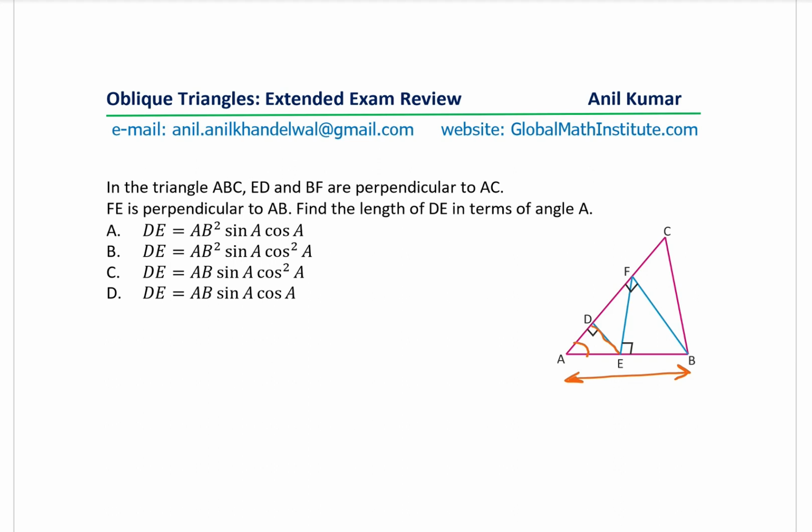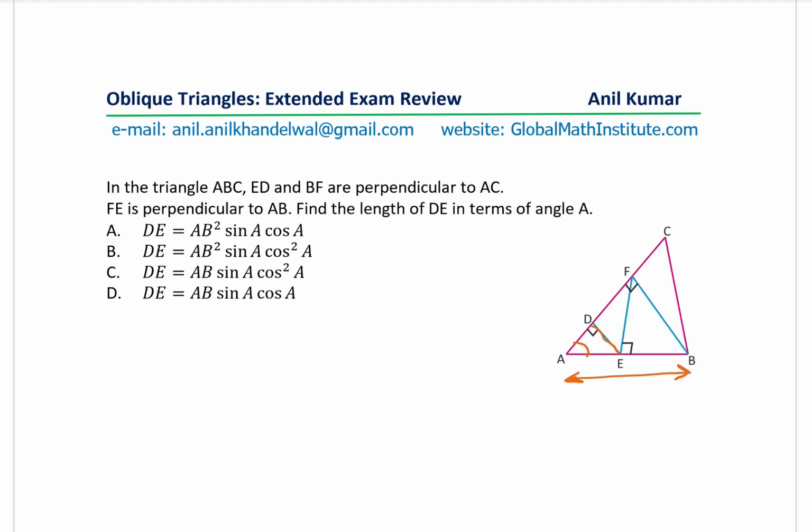If you look at it from here in the big triangle, angle F is 90 degrees, and so we can always find AB in terms of this particular angle. The opposite to A is side FB.